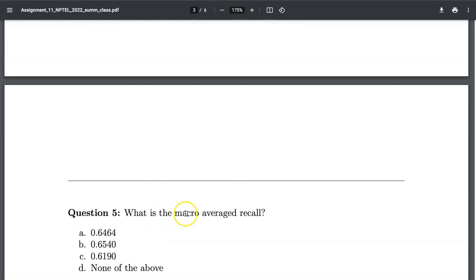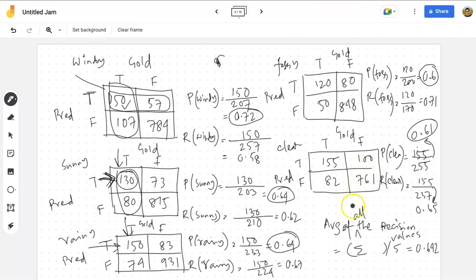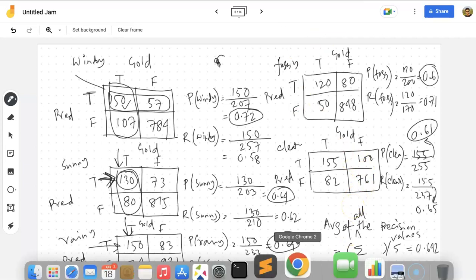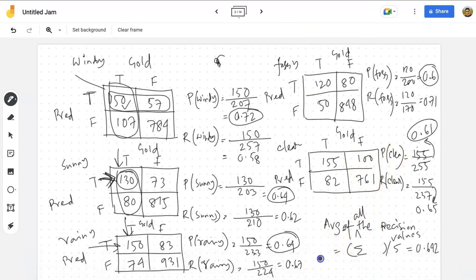And the second question is the macro average recall. Same thing. What is macro average recall? You need to average all the recall values. So you sum all the recall values and divide by 5. What are all the recall values?